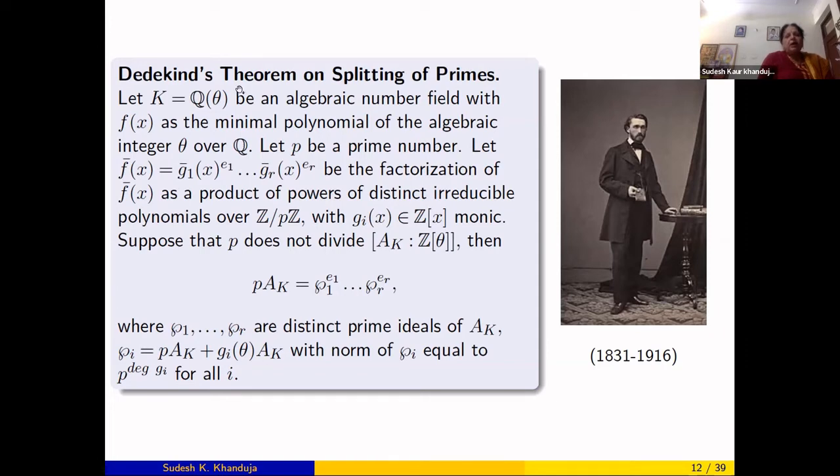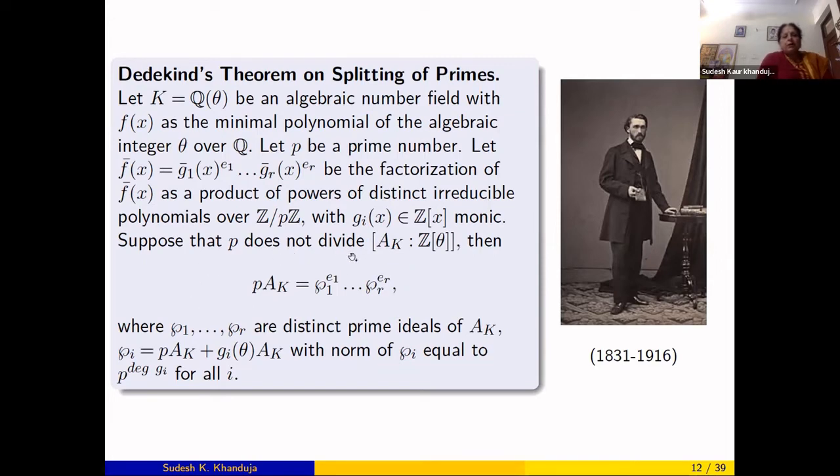So in this regard, in 1878, Dedekind proved the following theorem on splitting of primes. Let K equal to Q(θ) be an algebraic number field with f(x) as the minimal polynomial of the algebraic integer θ over Q. Let p be a prime number. Let f̄(x) equal to ḡ1(x)^e1 ... ḡr(x)^er be the factorization of f̄(x) as a product of powers of distinct irreducible polynomials over Z/pZ, with each polynomial g_i(x) belonging to Z[x] monic.